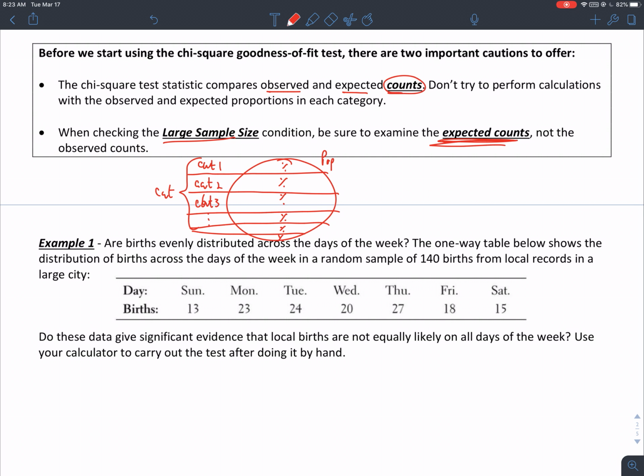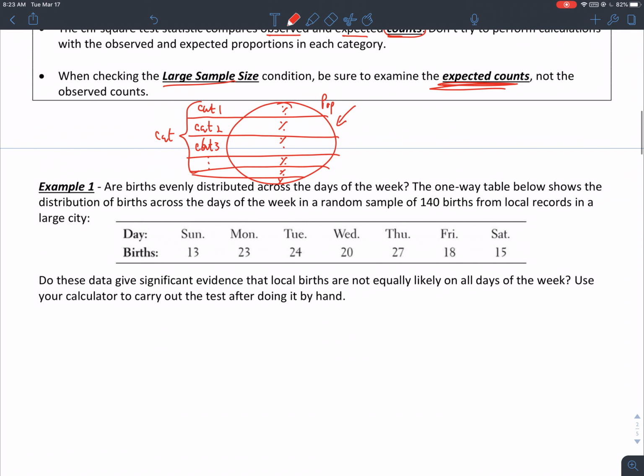Okay, so that's single population, single sample, and we're trying to see if my categorical variable is distributed as claimed across that population, which means I will check it for my sample as well, okay, by calculating the expected counts. All right, so that's the overall picture there.